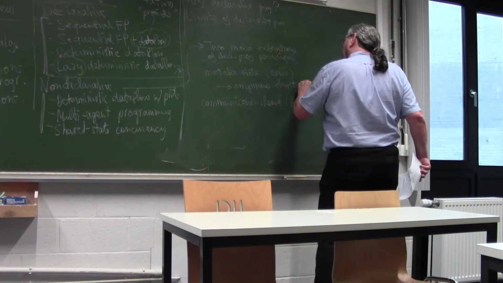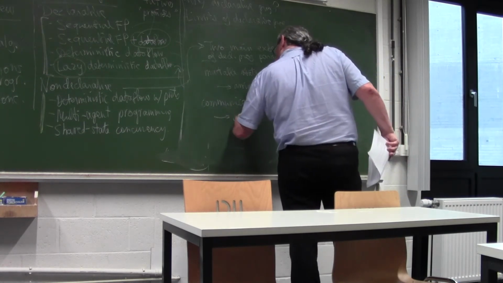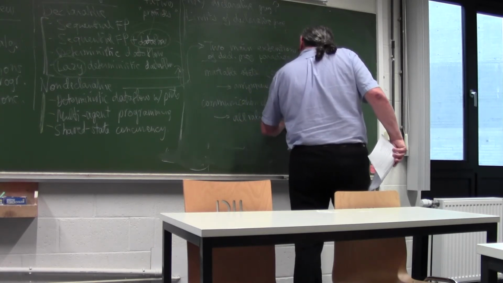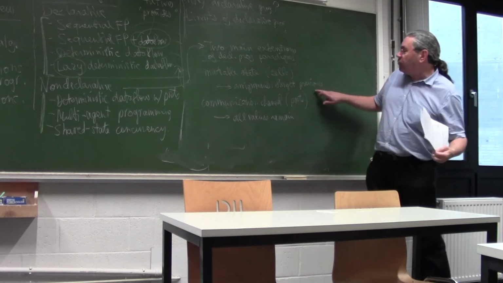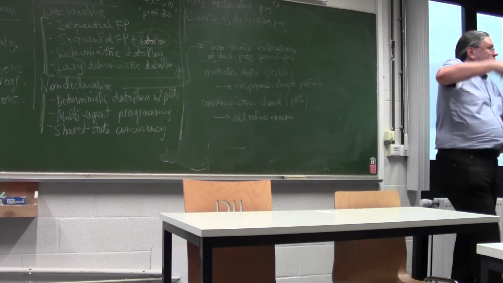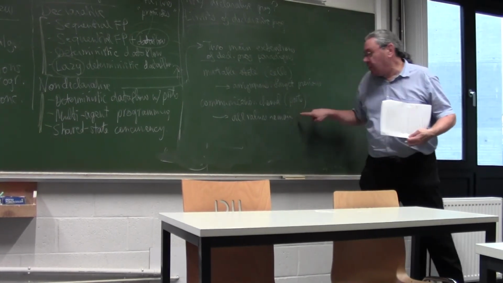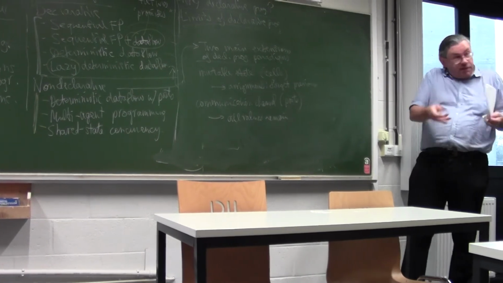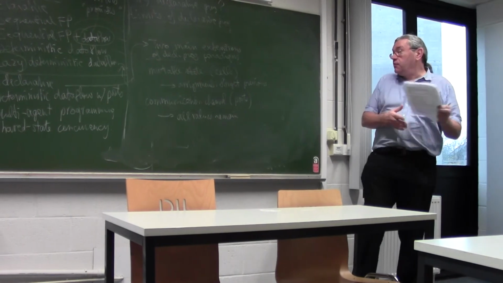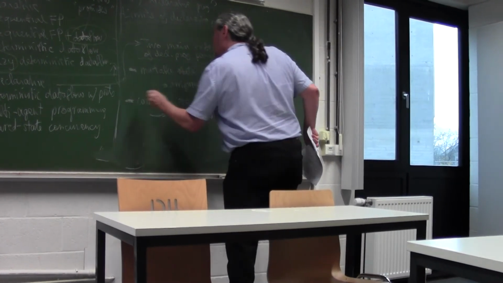Whereas in a communication channel, all values are remaining there. So in the mutable state, when you assign a variable, the previous value goes away. But in a communication channel, when I do a send, the previous value does not go away. It's still on the channel. I extend the channel. But that's like a philosophical difference. Both of these are non-deterministic, okay?